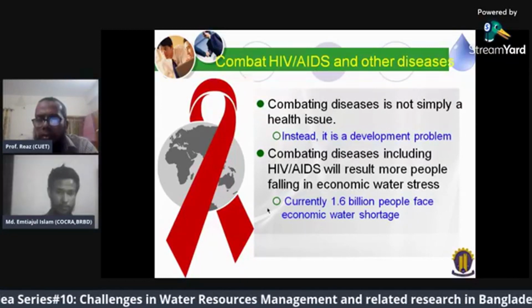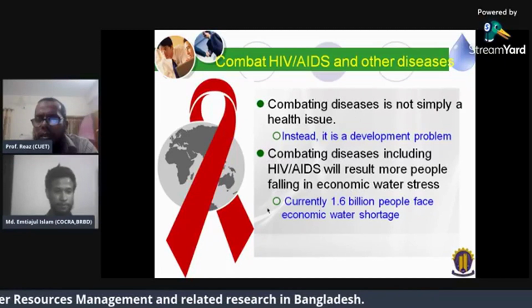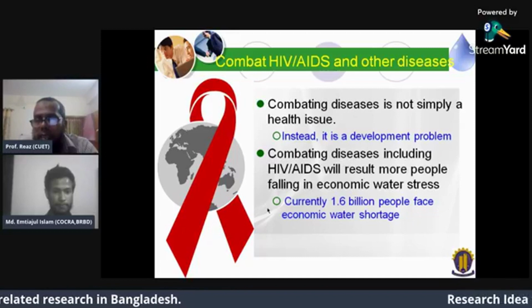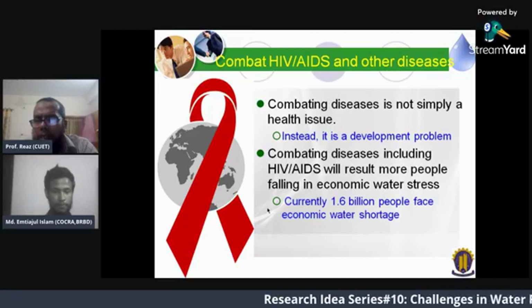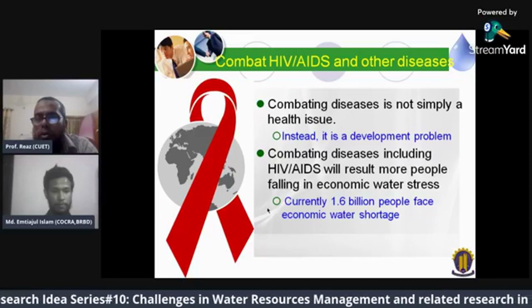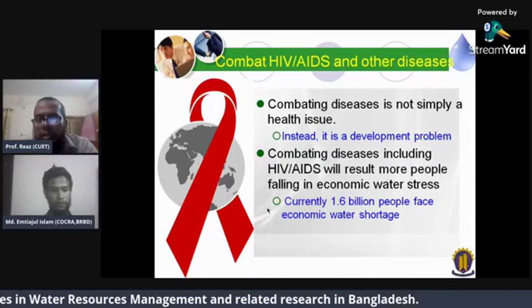Particularly, this is a big problem in Africa, where they have physical water stress as well as economic water stress. That means they have the water in the country, but they do not have enough economic support to supply that water to the community.